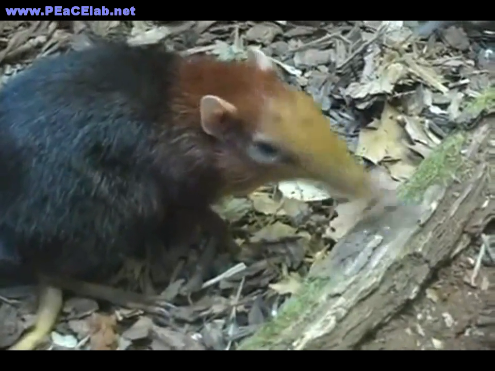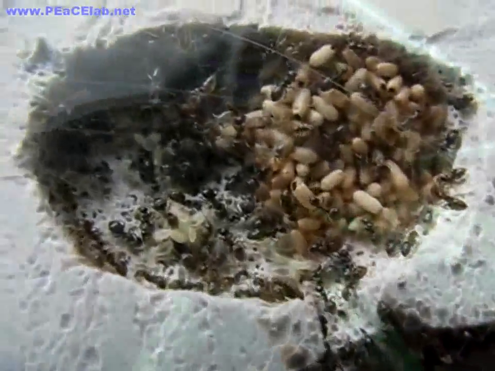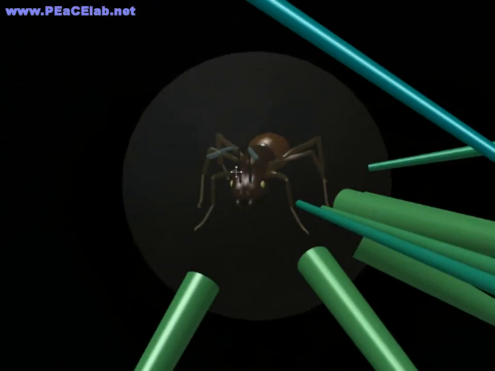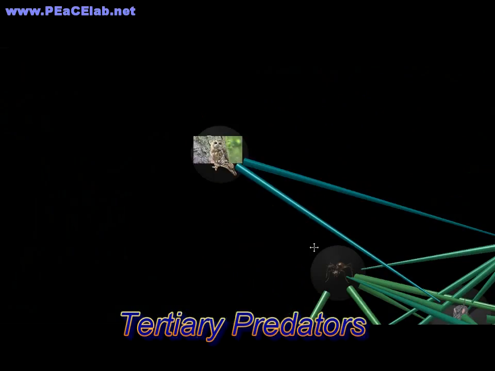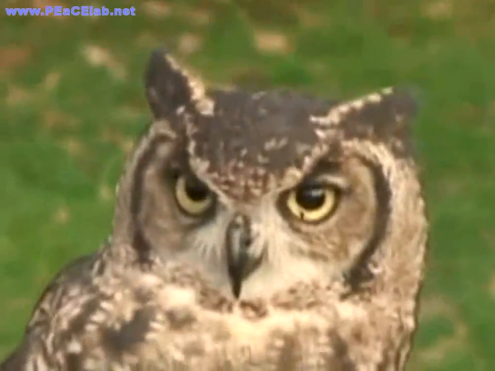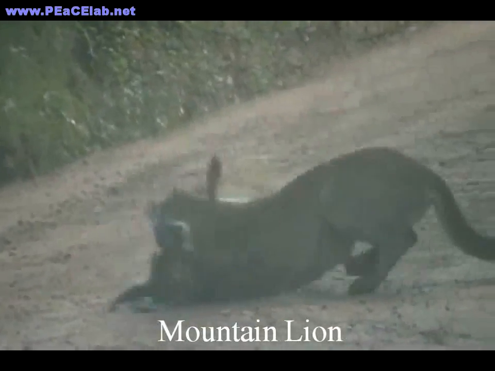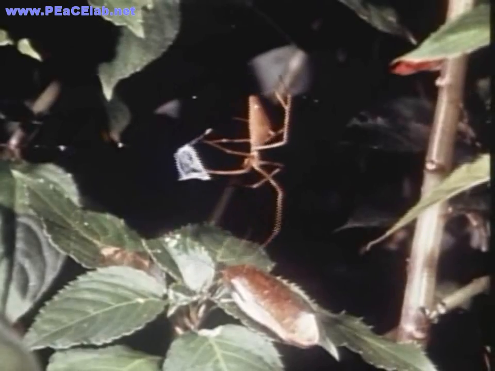There are still other surface-dwelling secondary predators like the trapdoor spider, lithobiid centipedes, and the laziest ant. The weaving of the web doesn't stop there. More familiar surface-dwelling tertiary predators, such as spotted owls and the great horned owl, rubber boa, mountain lion, wolf, weave webs to even higher trophic levels.